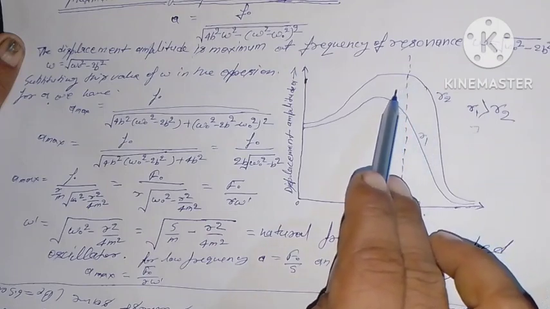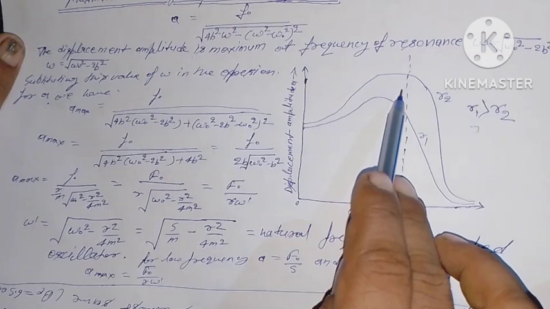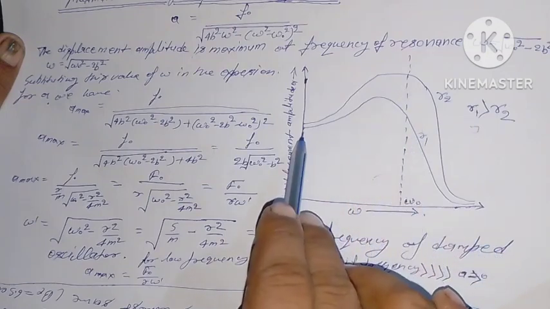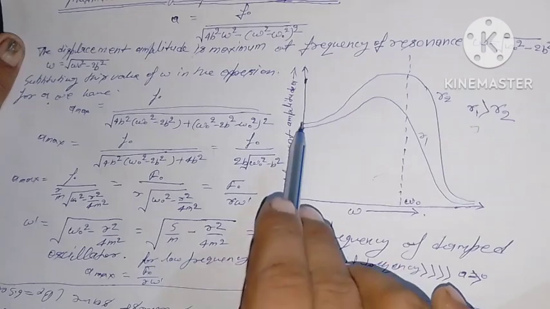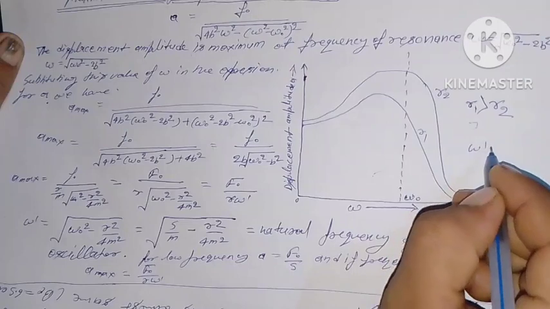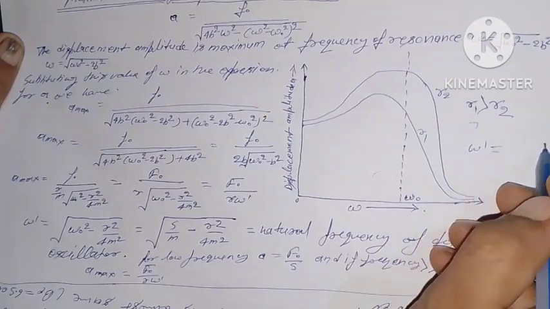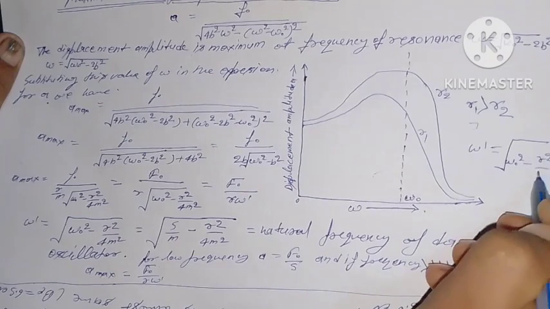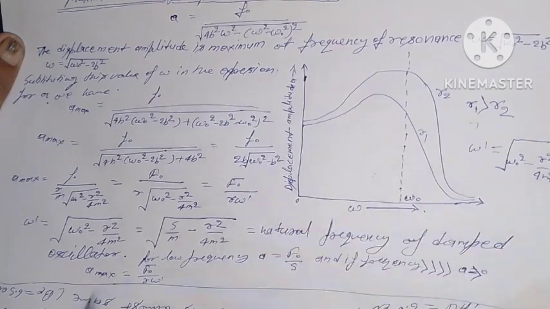The frequency for maximum displacement resonance, omega dash, equals under root of omega naught square minus R square by 4 m square.